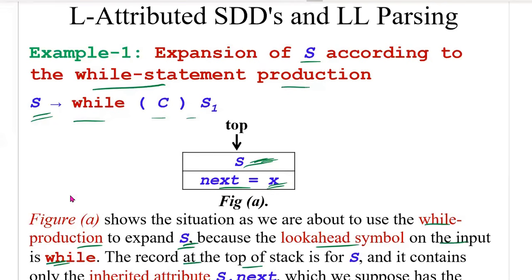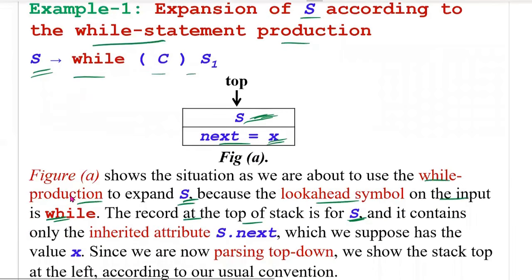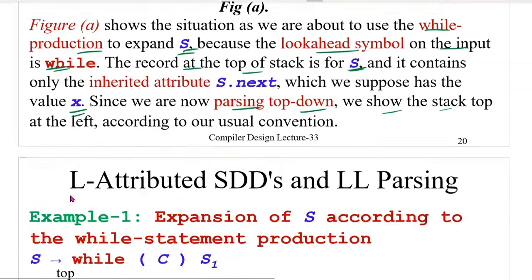The record at the top of the stack is S, and it contains only the inherited attribute S dot next, which we suppose has the value X. Since we are parsing top down, we show the stack top at the left according to our usual convention.